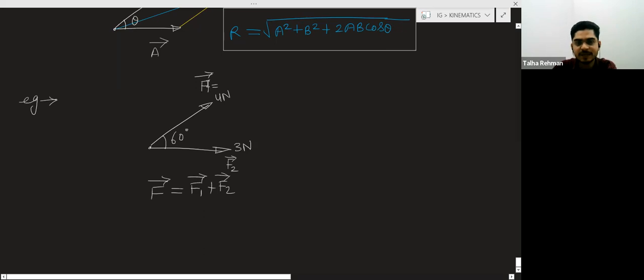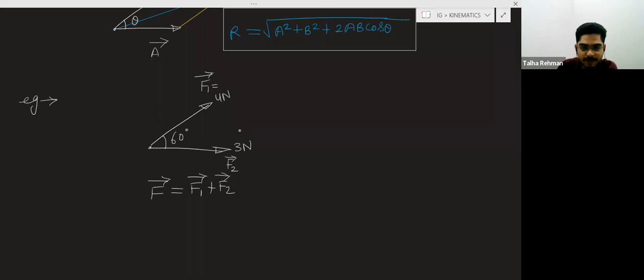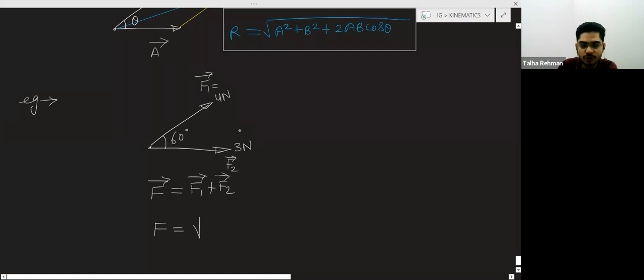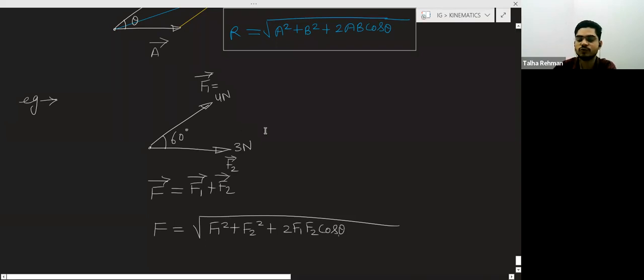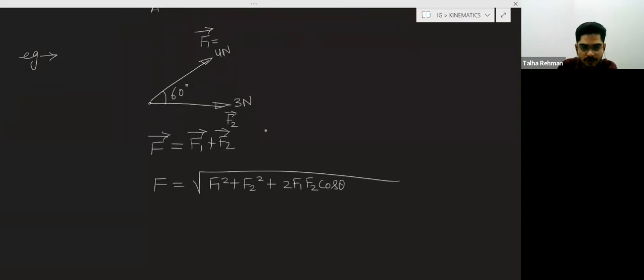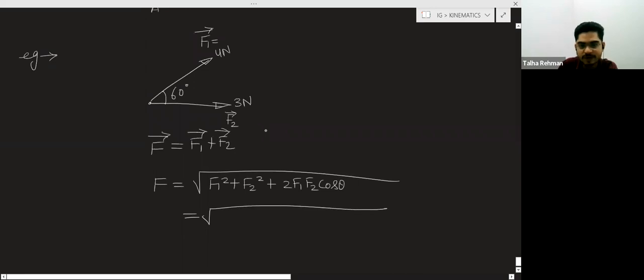We are adding the forces vectorially. So what will be the resultant of the force? It will be the square root of F1 square plus F2 square plus 2F1F2 cos theta.